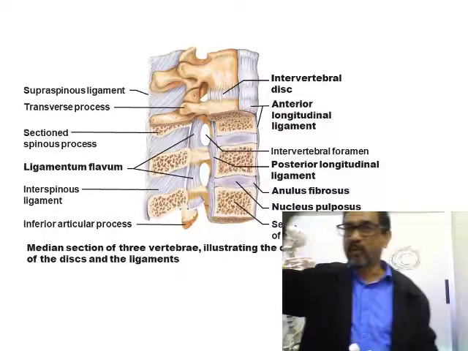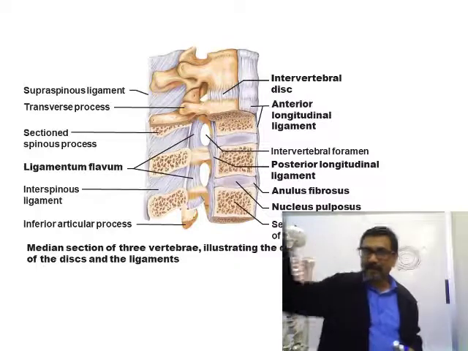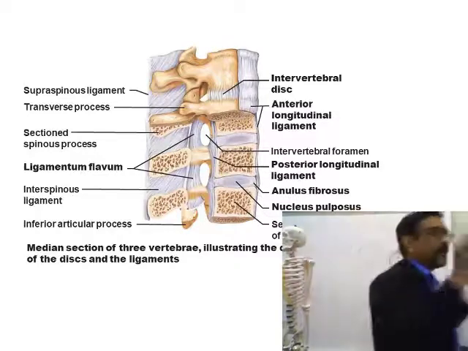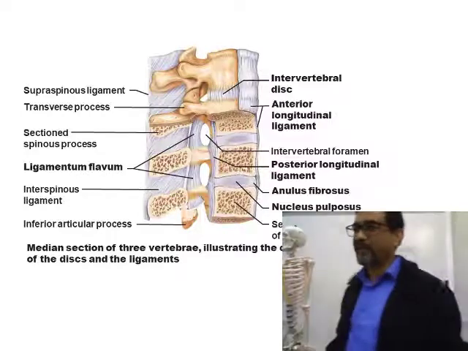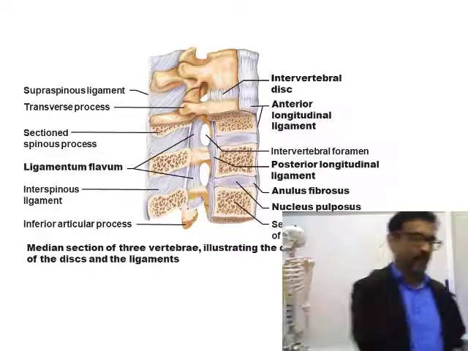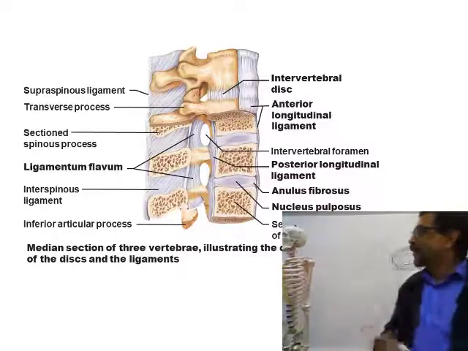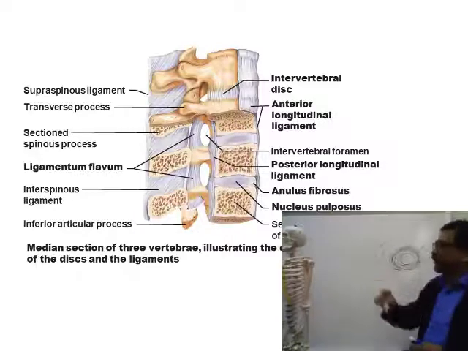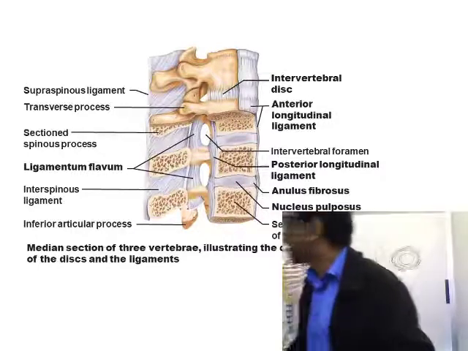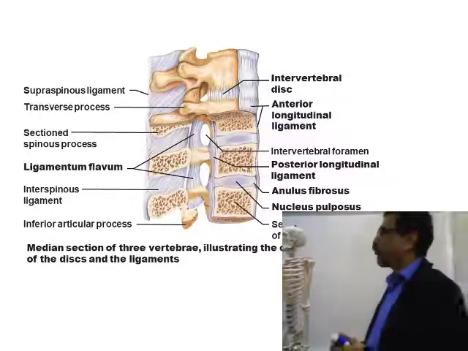So annulus fibrosus is very tough, lot of fibers in it, annular part, outer part, and inner part is nucleus pulposus, soft, jelly-like structure. We'll find it. Okay. So, is it here? Yes. You see, annulus fibrosus, nucleus pulposus.